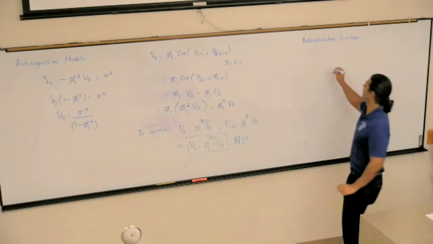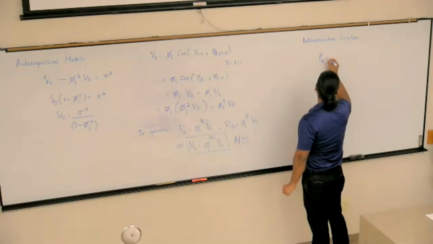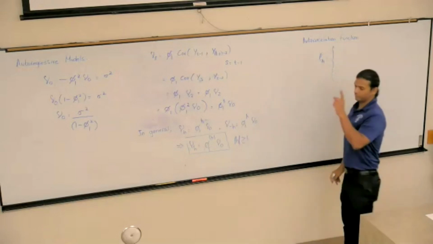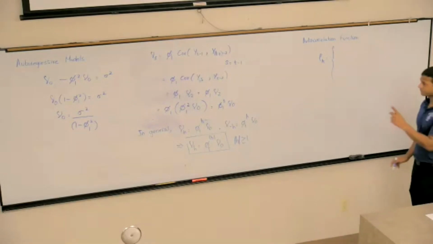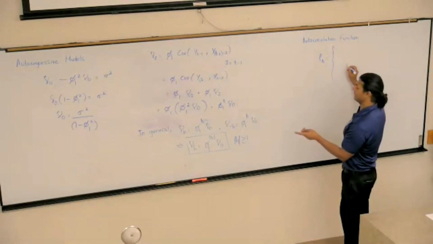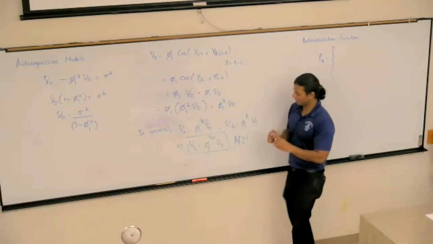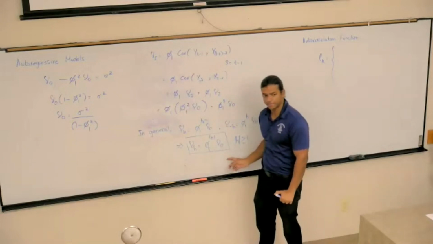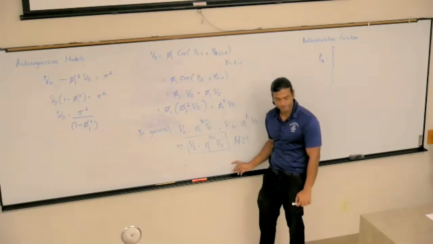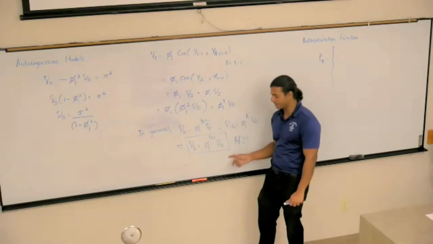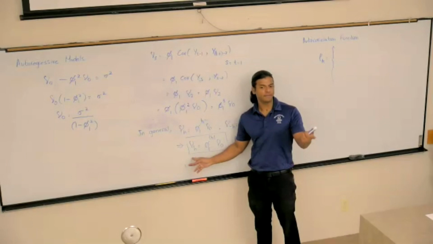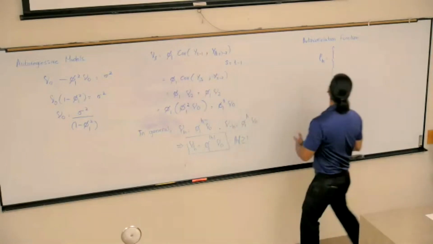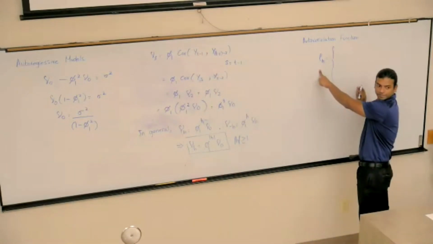So autocorrelation function is simply each gamma h divided by gamma naught. So we have to divide this by gamma naught, and we can do it directly. If we divide by gamma naught on both sides, left hand side would be gamma h over gamma naught, which is rho h. Correct.